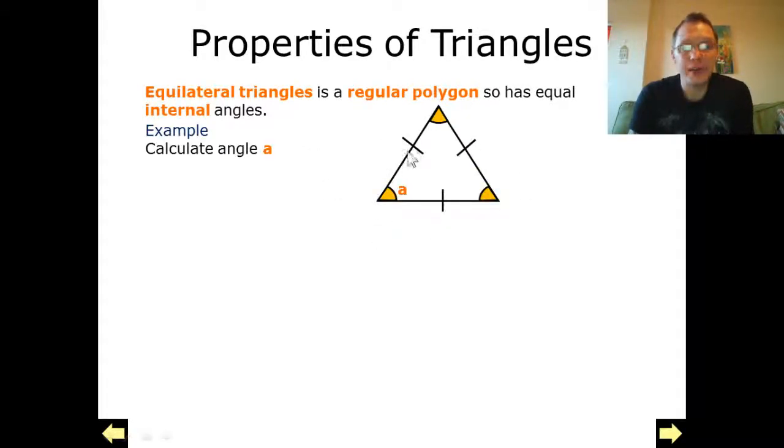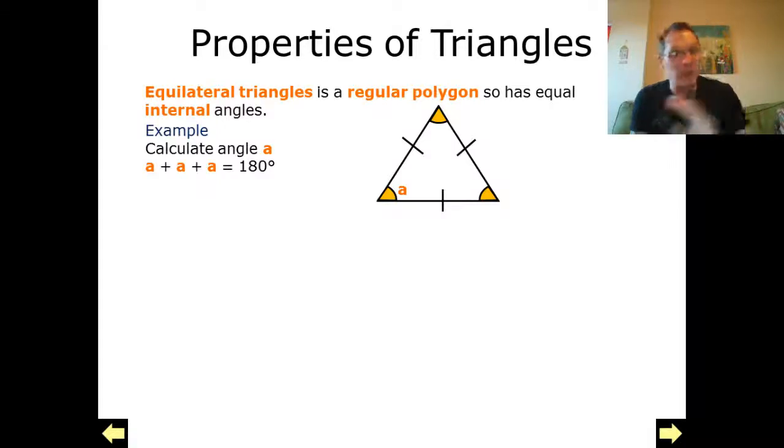So, as we saw before, equilateral triangles are regular polygons because all the internal angles are equal and all of the sides, our edges, are equal. And we could be asked to calculate angle A. So the angle just in the bottom left-hand corner of this shape. So if we use the properties of a triangle, the angles within a triangle add up to 180 degrees.